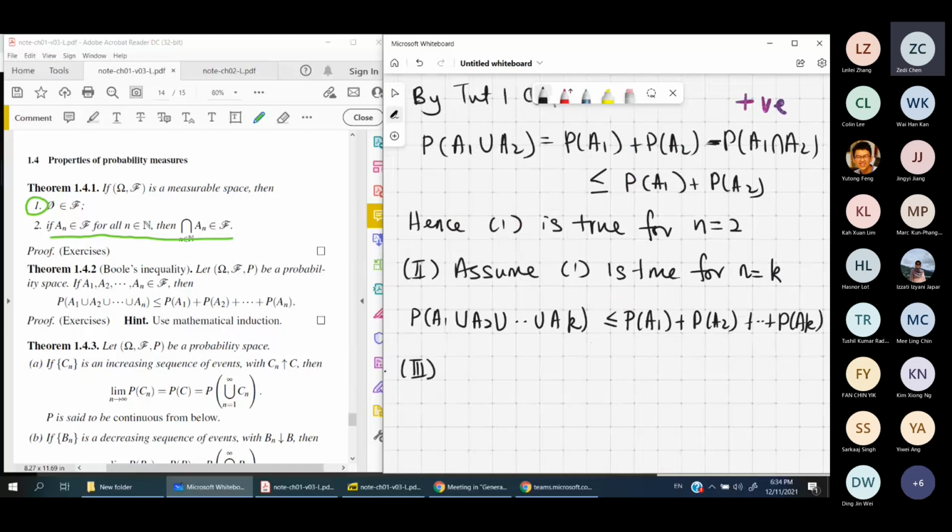Then we want to use this to verify that this is true for n equals k plus 1. So we want to prove it for n equals k plus 1.